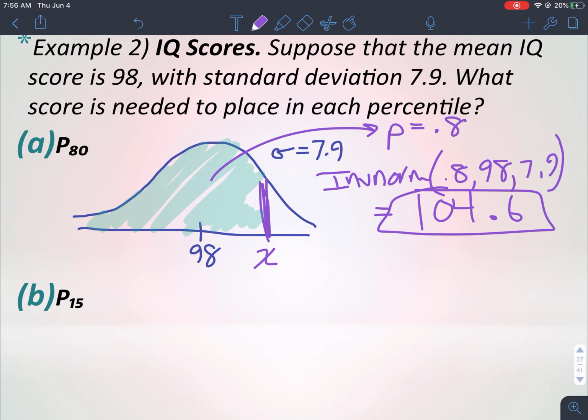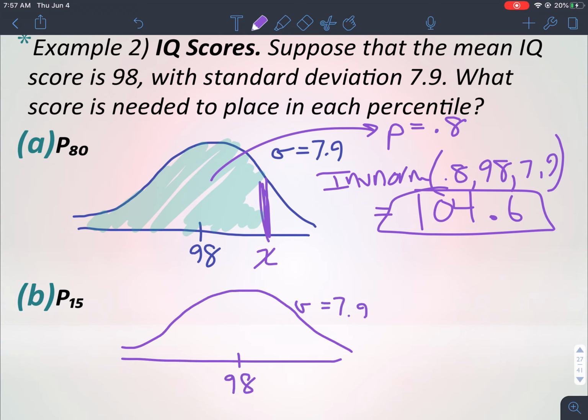All right, here we go. I draw my bell curve with a mean 98, standard deviation 7.9. 15th percentile is going to be below the mean.